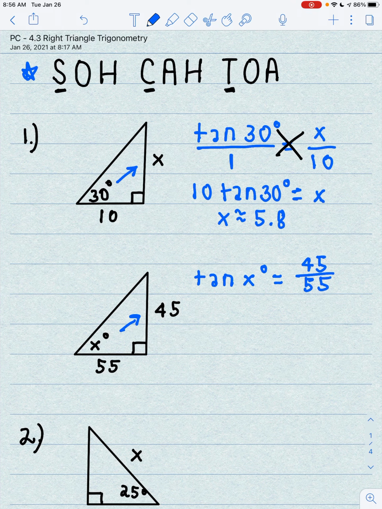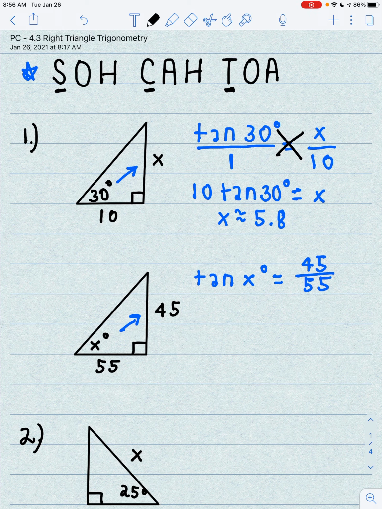Now, to solve this equation, we're going to need to use the inverse trigonometric function. It's found above the sine, cosine, and tangent functions on your calculator.